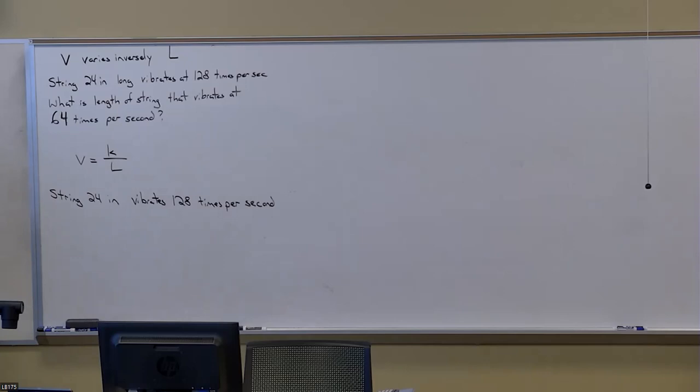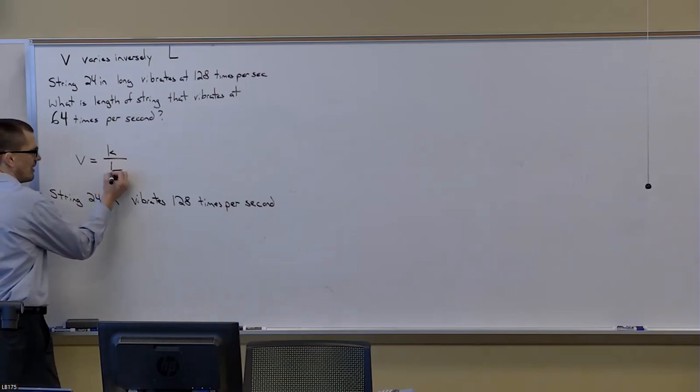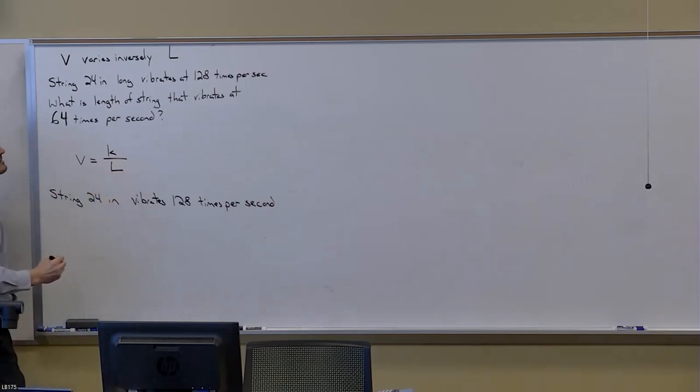All right, so let's take a look at this one. Well, V varies inversely as L. V is how many vibrations, L is the length of the string. So V equals K over L is our inverse proportional equation, without the K filled in.